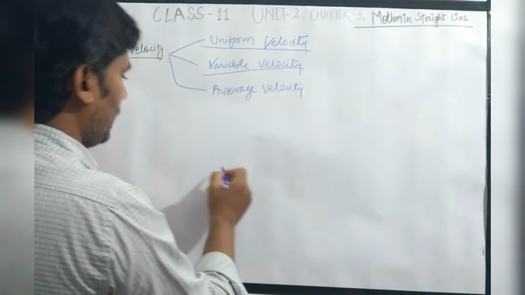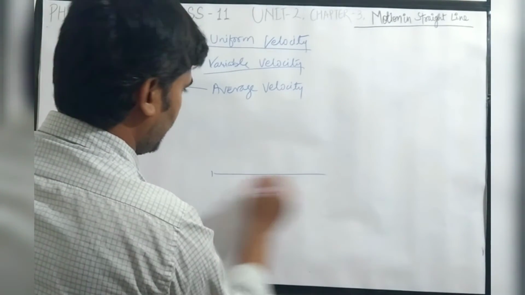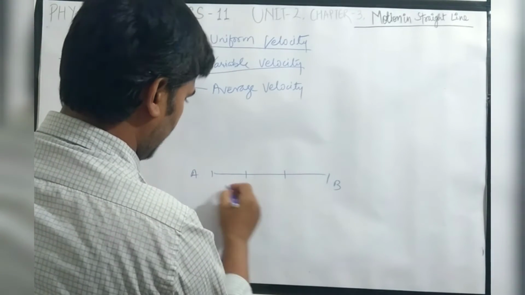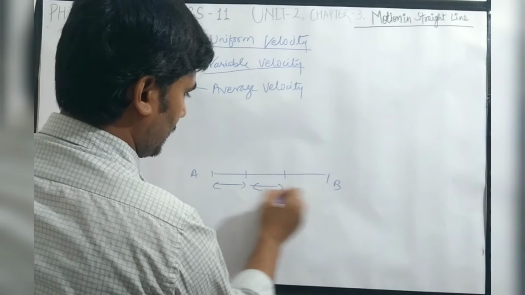Variable velocity is when the speed of the body changes with different time durations.